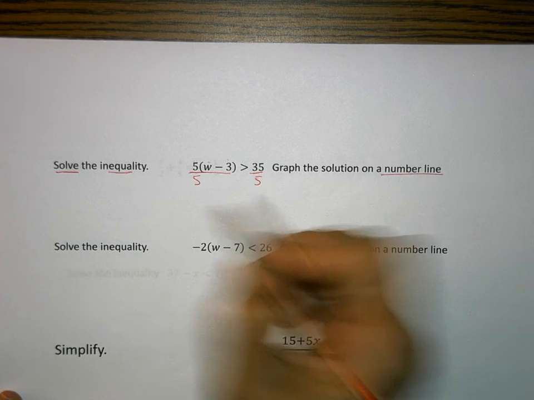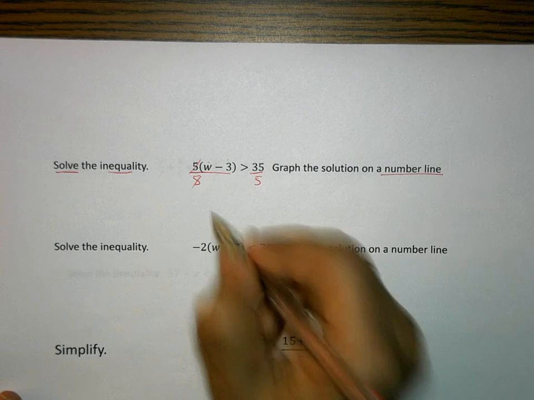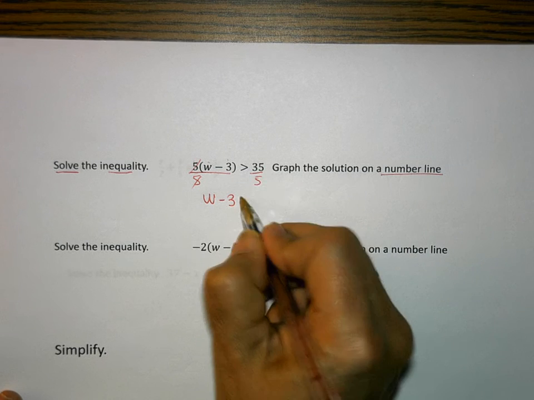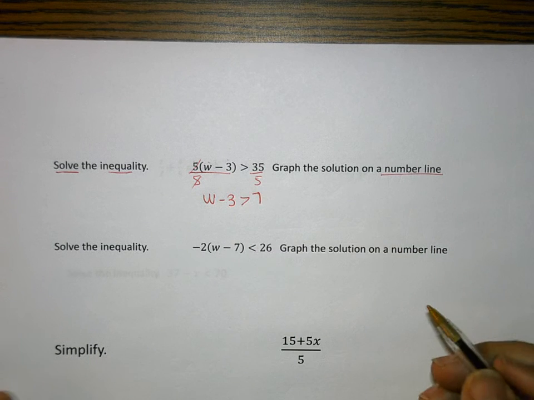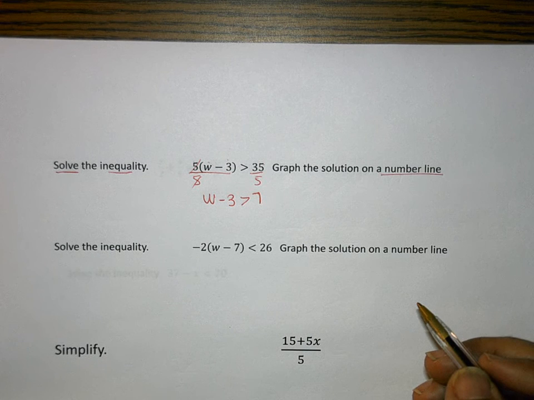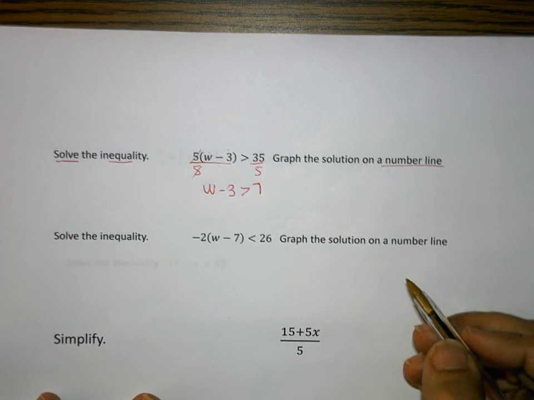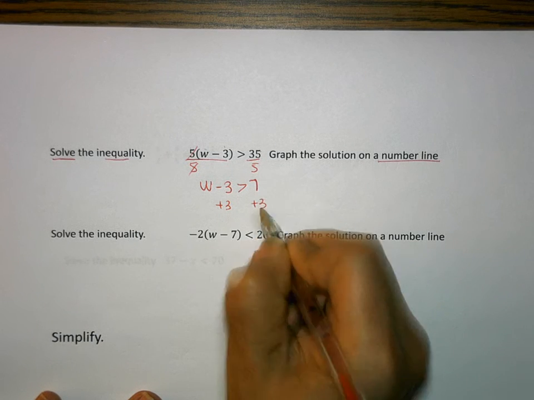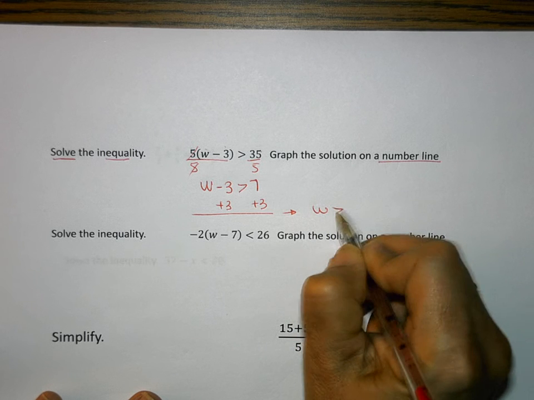So 5 divided by 5 reduces, and we end up getting w minus 3 is greater than 35 divided by 5 is 7. So it becomes a much, much easier inequality to solve. And now all we need to do is add the 3 to both sides, and we get that w is greater than 10.